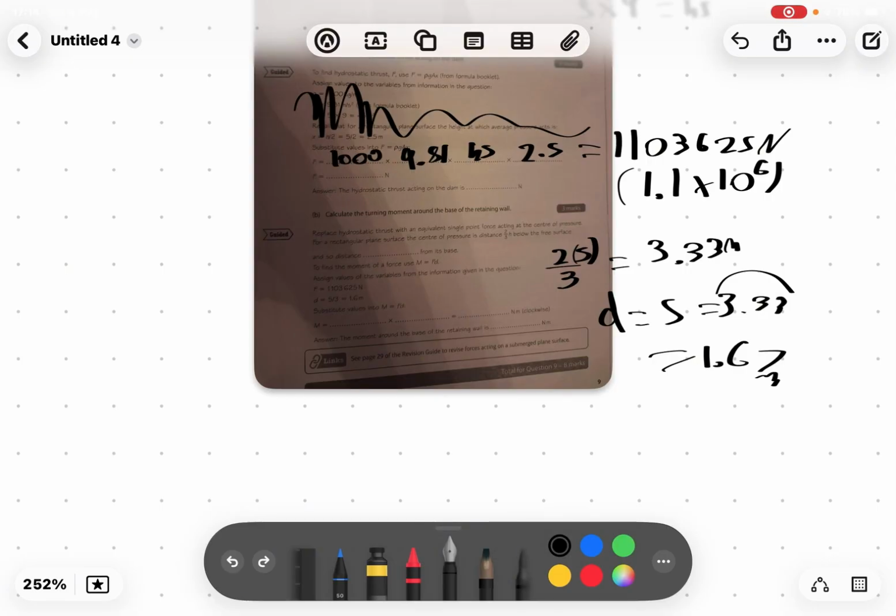So I'll just put force here, and force times this, and then this all equals 1.84 times 10 to the power of 6, and that's going to be newton meters. So that's how you get this question.